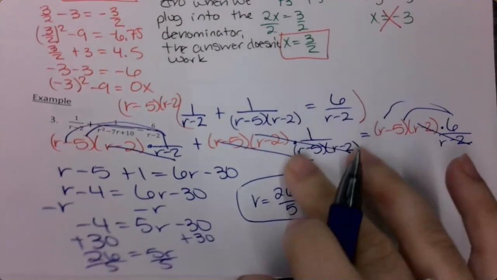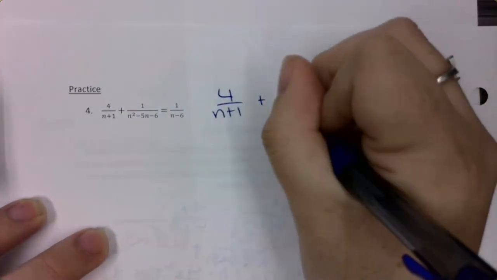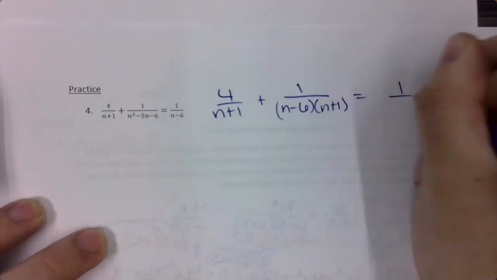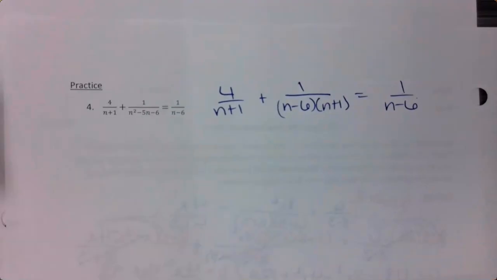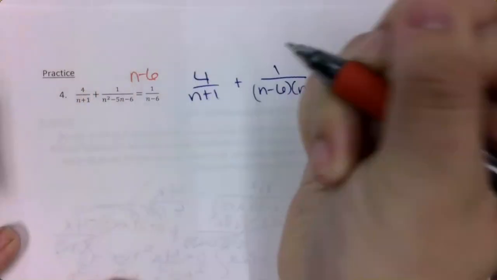Okay, so let's move on to the back. What does this factor to? The second fraction. N minus 6 and n plus 1. So what do I need to multiply this whole thing by? N minus 6 and then n plus 1.